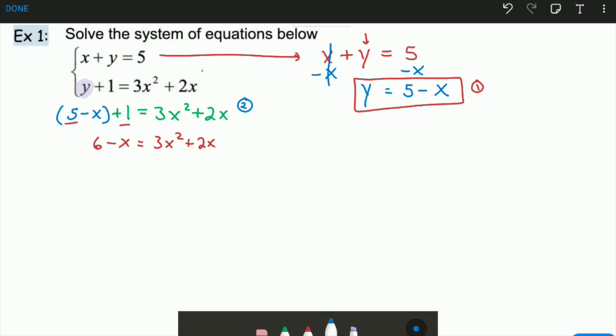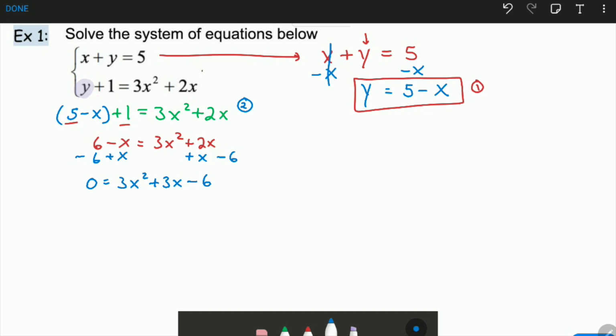So we need it equal to 0. So I will be subtracting 6 and adding x to both sides, which cancels out everything on the left side. Makes it 3x squared plus 3x minus 6.